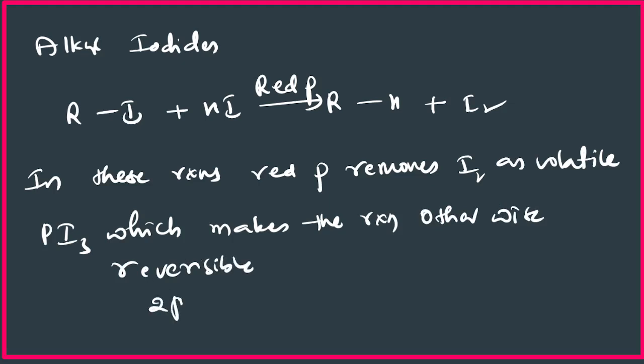See, phosphorus with iodine gives PI3. This is for reduction of alkyl halide to alkane. See, have a look at the questions.